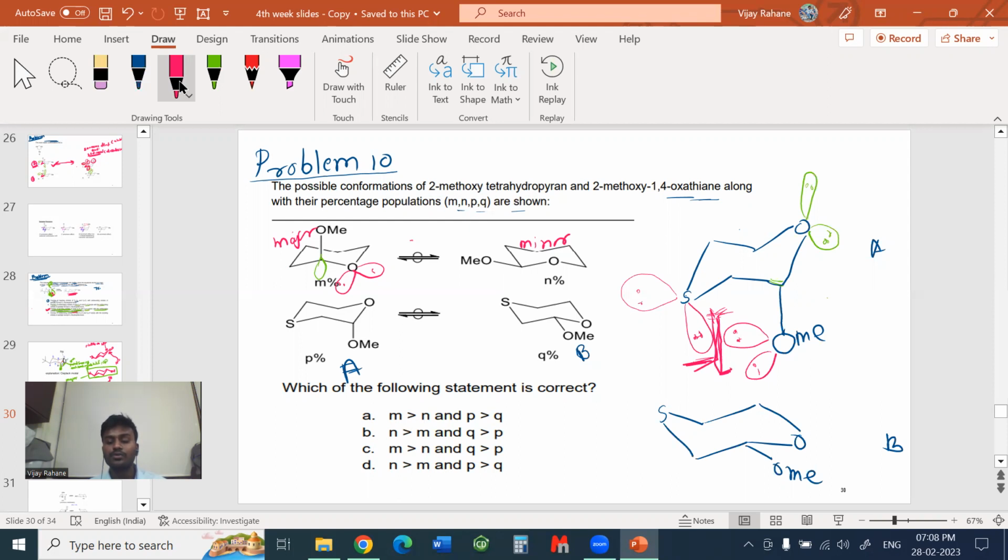It has a more pronounced effect in destabilizing this conformation than the stabilizing anomeric effect. Although it has some anomeric stabilization, the lone pair present on the sulfur destabilizes this molecule. So this molecule lies in this conformation as the major one, and this one is the minor one.